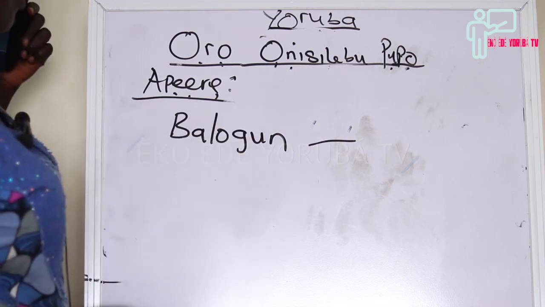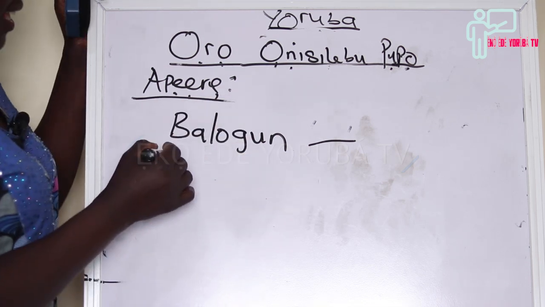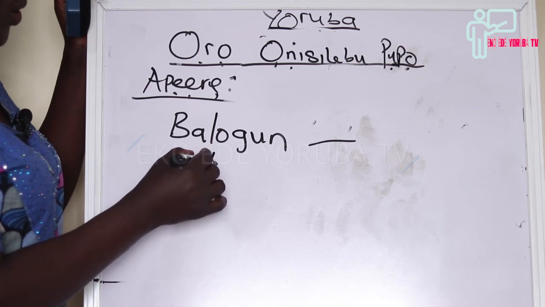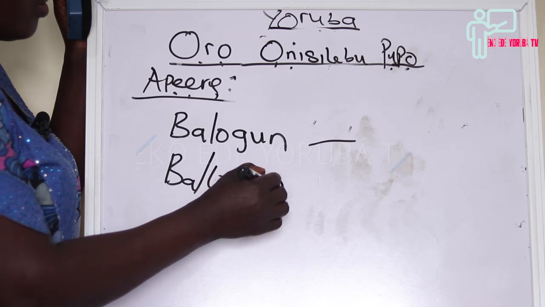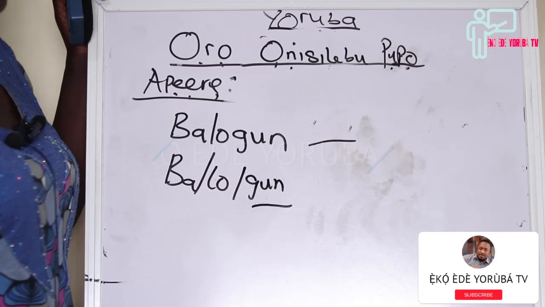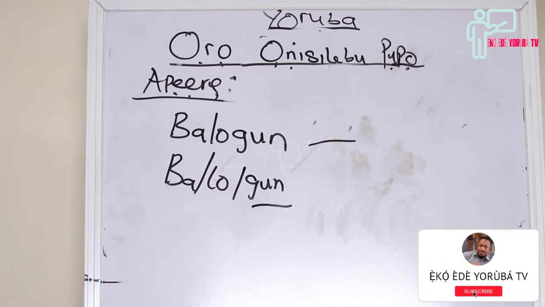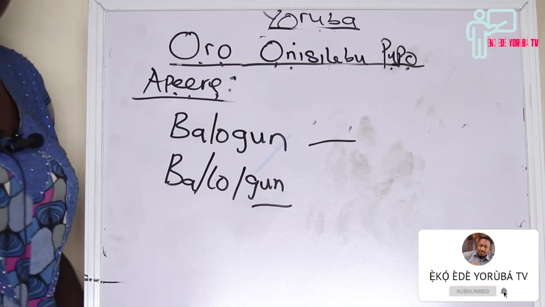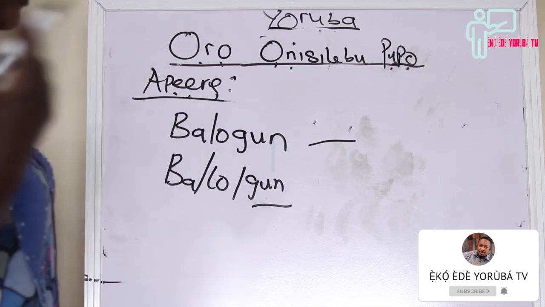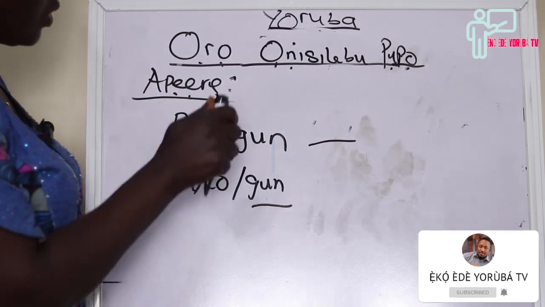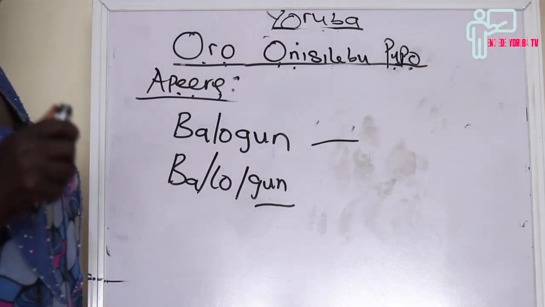So for war, Balogun. This is one of the vowels that I said, like a person that has mucus. Balogun.